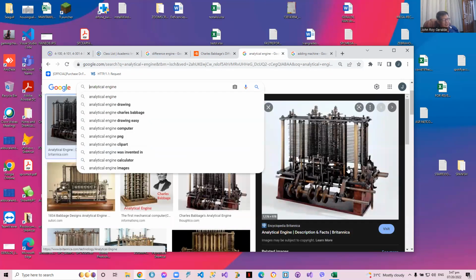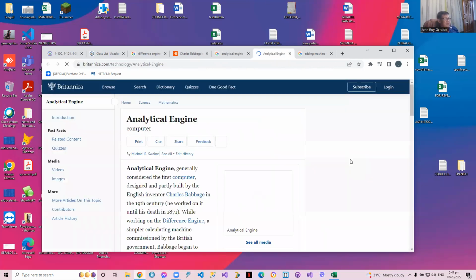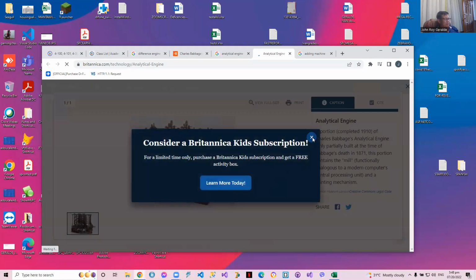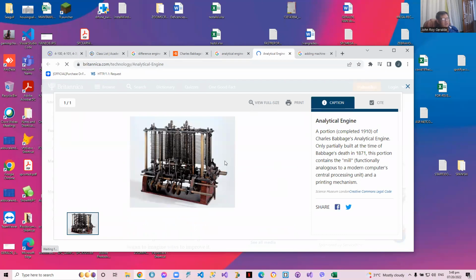This is the unfinished version, the simpler version, because the original machine can compute 40 digit computations. This is a simpler form developed by Charles Babbage to perform 20 digit computations.